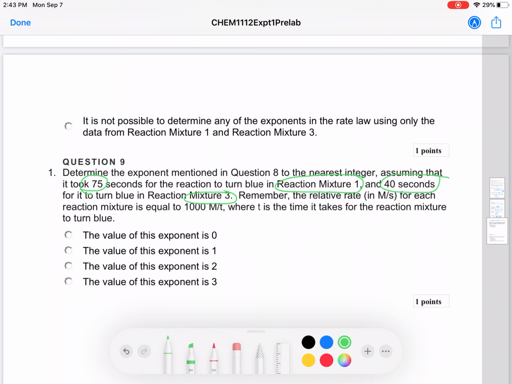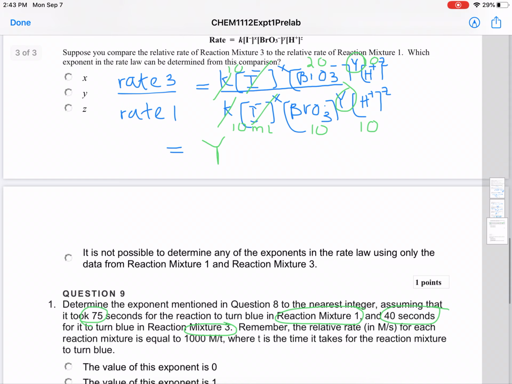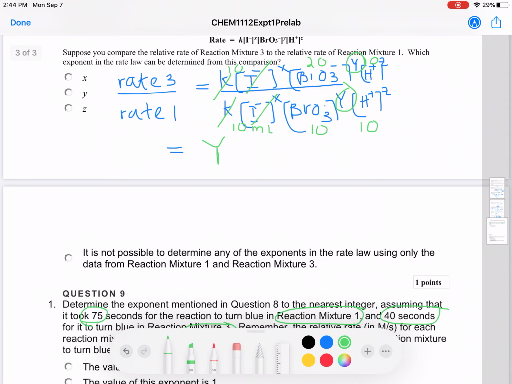You're going to find the value for the exponent, meaning we are going to find y. So we can use this equation right here. It says 40 seconds for it to turn blue in reaction mixture 3. So we can divide reaction rate 3 by reaction rate 1.